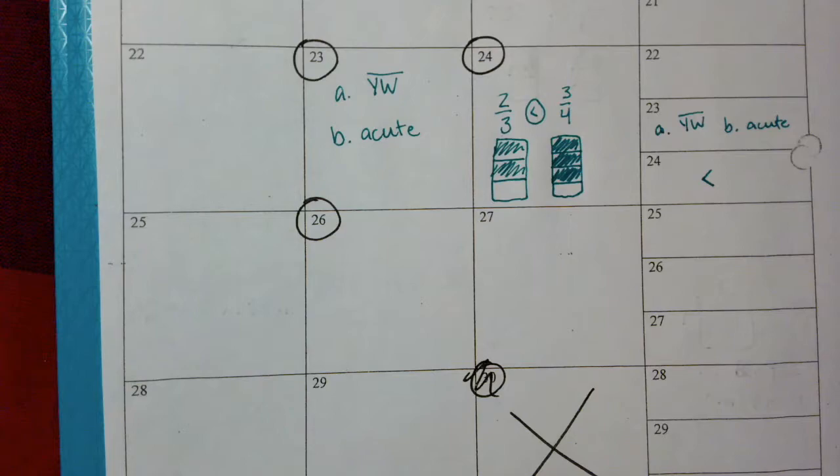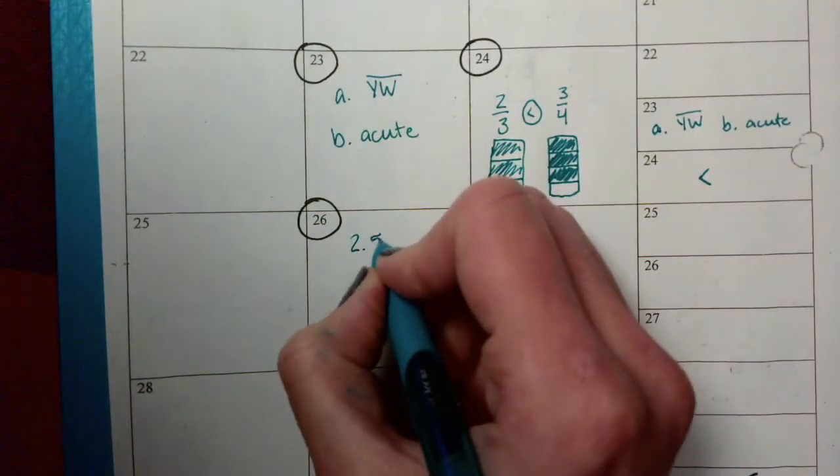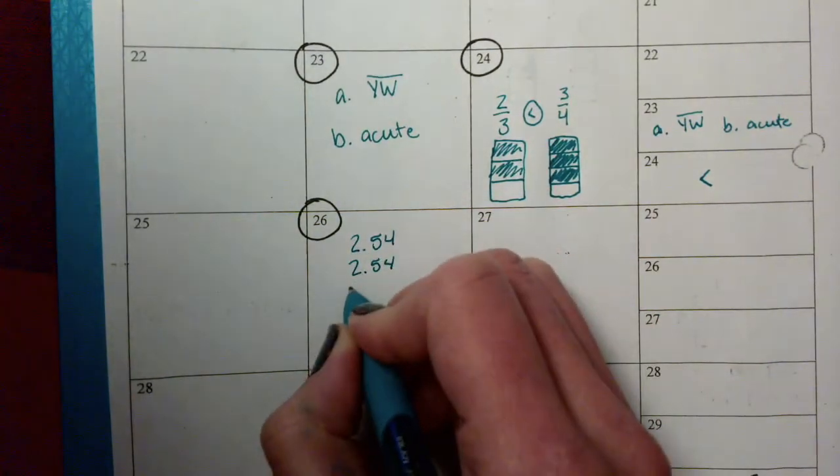26 then says 1 inch is 2.54 centimeters and 2 inches is 2.54 plus 2.54 centimeters. So a segment that is 3 inches long is how many centimeters long? So 2.54 plus 2.54, that's 1 inch plus 2 inches.